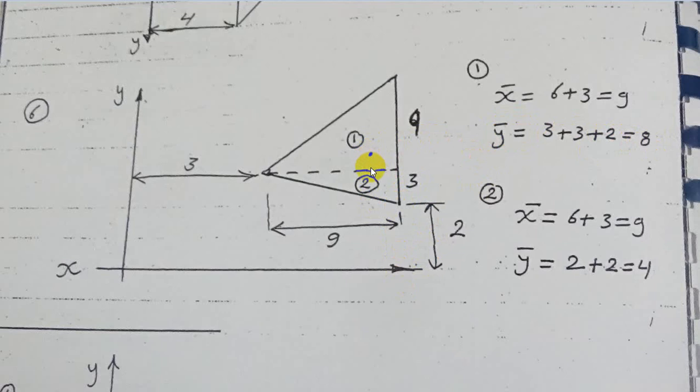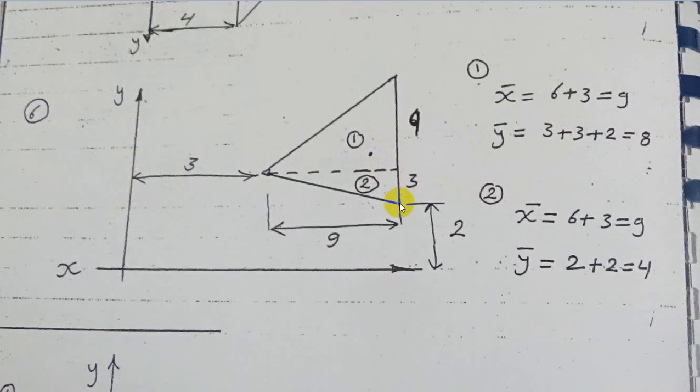From the point here to the point here is 3, which is the height to the base of the first triangle. From the base of the first triangle to the junction of the second triangle sector is 3 as well.